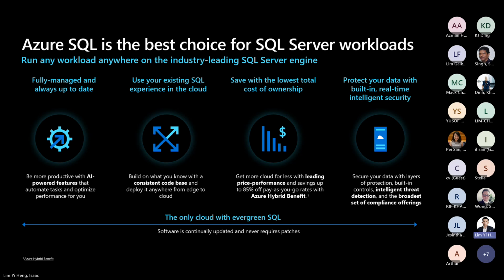By saving up to 85% by using the pay-as-you-go pricing, when we bring our existing SQL licenses to Azure with the utilization of the Azure Hybrid Benefit. And the next thing is that we can help the customer get more cloud for less by combining these Azure Hybrid Benefits with reservation pricing as well.